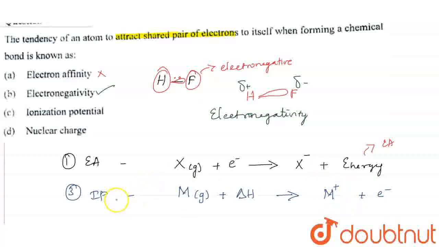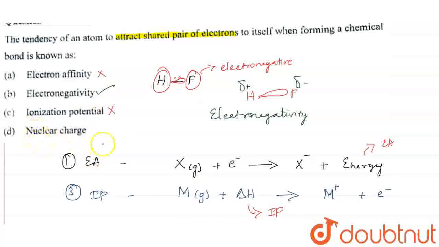So this is exactly the opposite of electron affinity. The energy which we supply to knock out the loosely bound electron in this atom is what is known as ionization potential. So this is also not our answer.